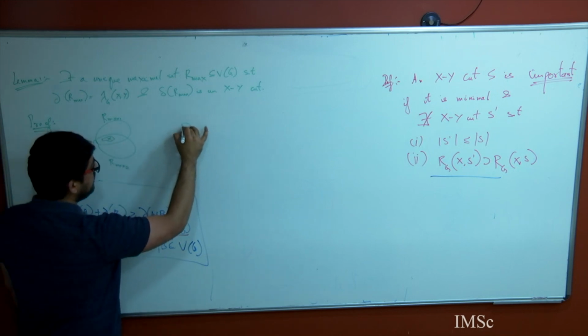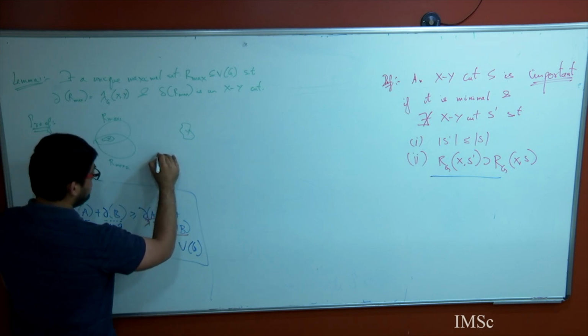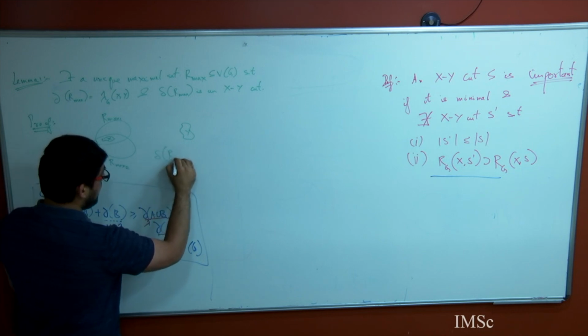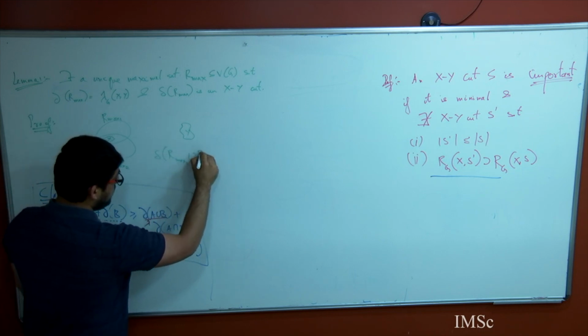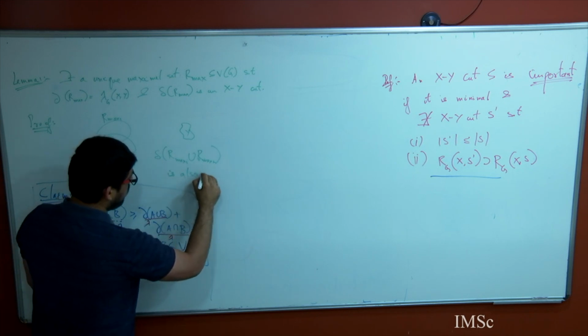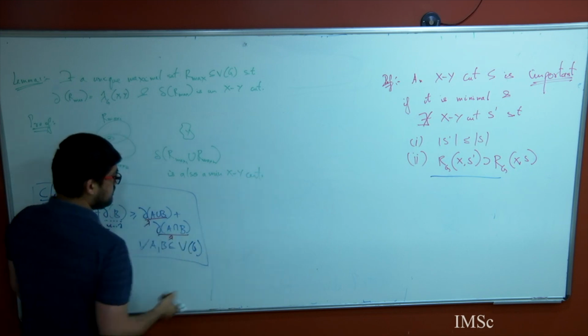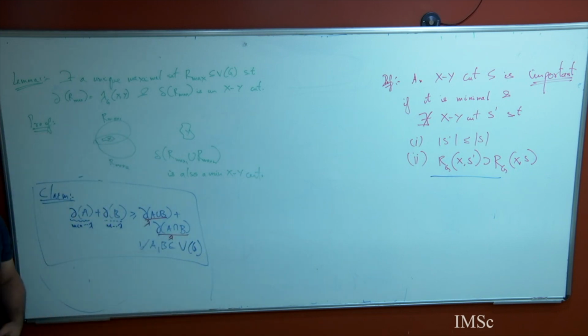Here is x, here is y. What we just proved is that delta of R max 1 union R max 2 is also a minimum xy cut.